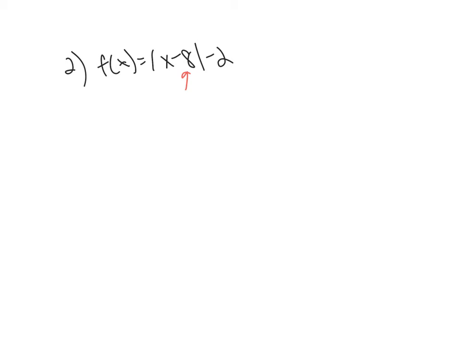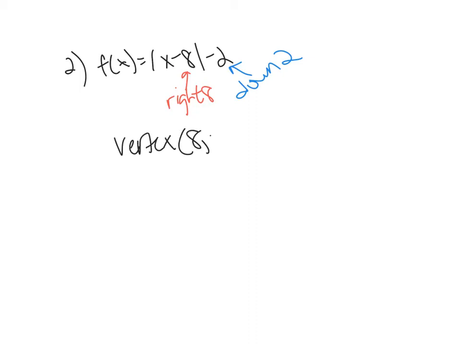Let's start with the inside. Inside, think opposite, for left or right. So a minus 8 is actually moving it right 8. And a minus 2 is actually moving it down 2. So where would our vertex be? Our vertex is opposite the inside, so plus 8, and the outside number, minus 2.